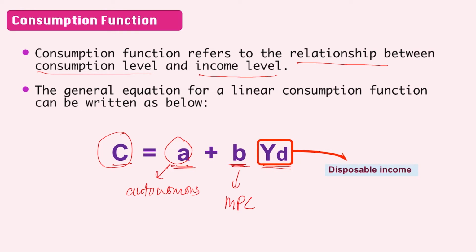The values of A and B can be substituted by any values. For example, C equals 100 plus 0.7 YD. So it can be any number.